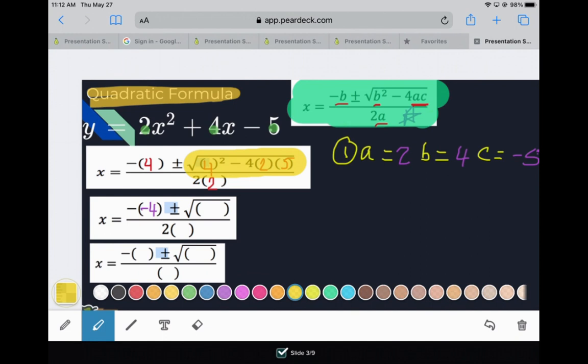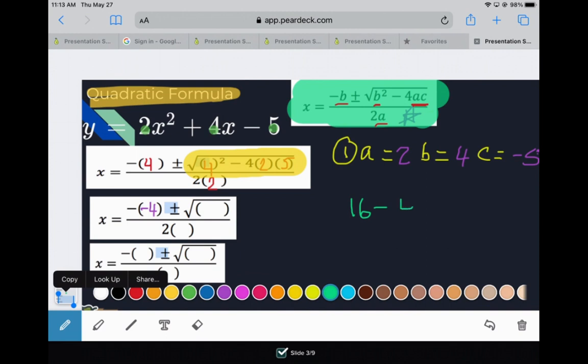If you have a graphing calculator like I have, you can just type in 4 squared minus 4 times 2 times 5 and you get a number. If not, you can do it step by step. 4 squared gives me 16, minus 4 times 2 is 8, 8 times 5 is 40.